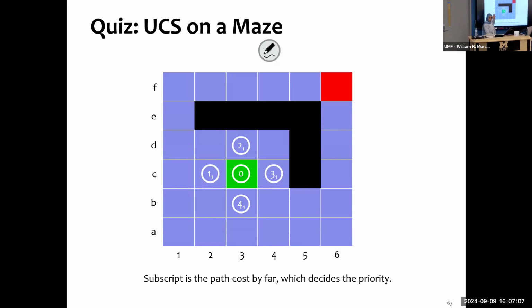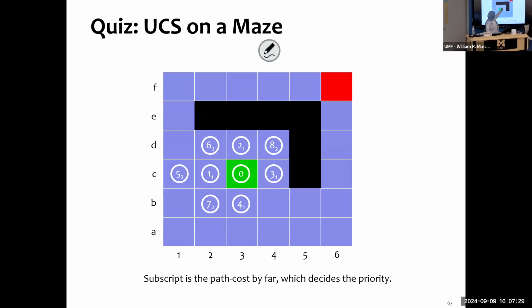Same as before. Before we had the distance on the arrows, so now we are having this information. From this point, as all have priority 1, we are visiting in order. This one is 2, this one also has priority 2, and this one has priority 2, same priority for all the children. Next, we are exploring for the 2, which is now for the 3, then for the 4, and then we are going to the 6.